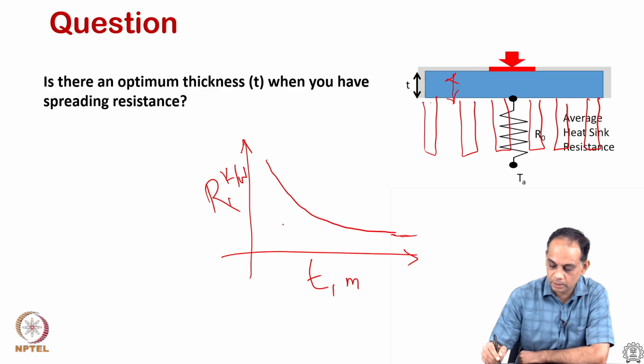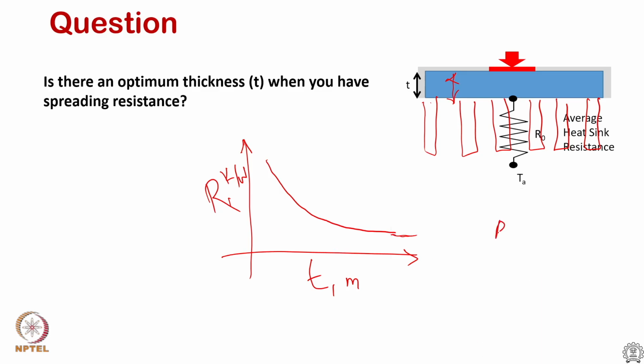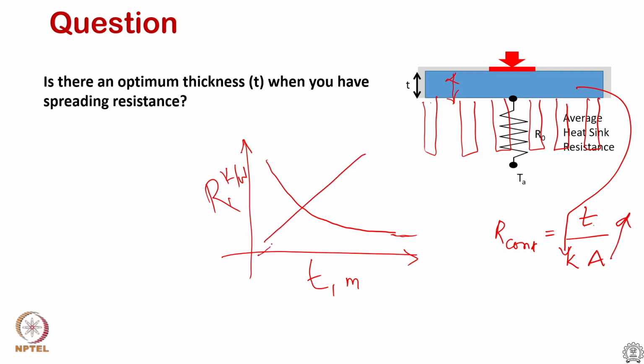On the other hand, the bulk resistance of the conduction, which is nothing but T divided by thermal conductivity of this material times area, as you keep increasing this thickness, this resistance rises. So, it rises linearly. So, as you can see, there is a nice optimum thickness.